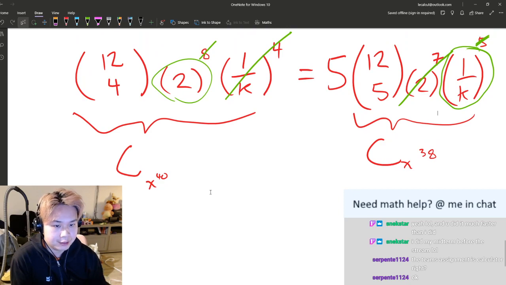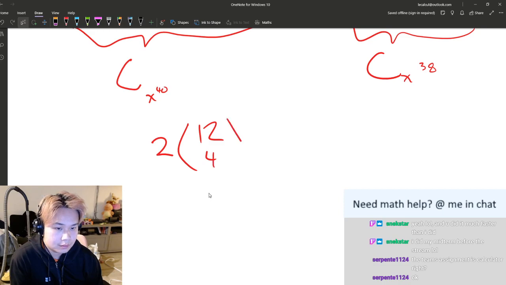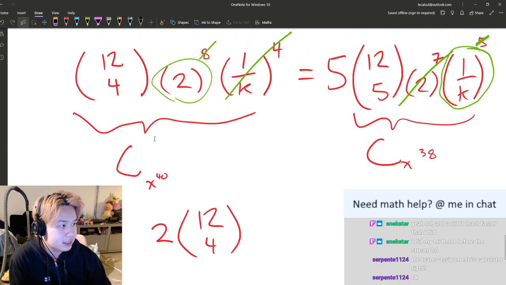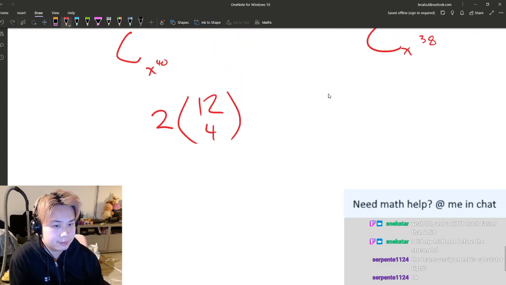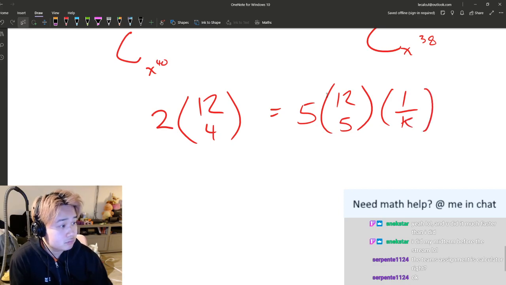So what do we have so far in our formula then? I have 2 times 12C4 on the left side. And then on the right side, I have 5 times 12C5 times 1 over k.